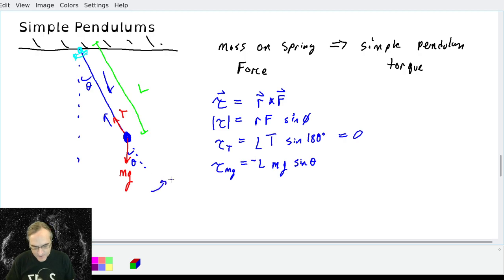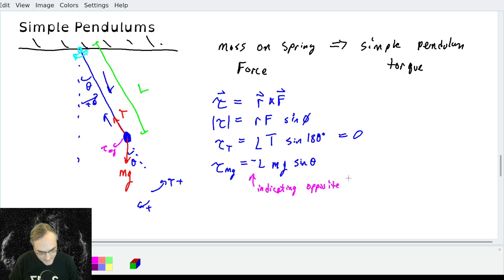Remember that torques are positive when they go in a particular direction and negative when they go in the other. In this case, notice that when we are moved in the positive theta direction, we actually will get a torque due to gravitation that's in the negative direction. So the minus sign is indicating it's opposite the theta.